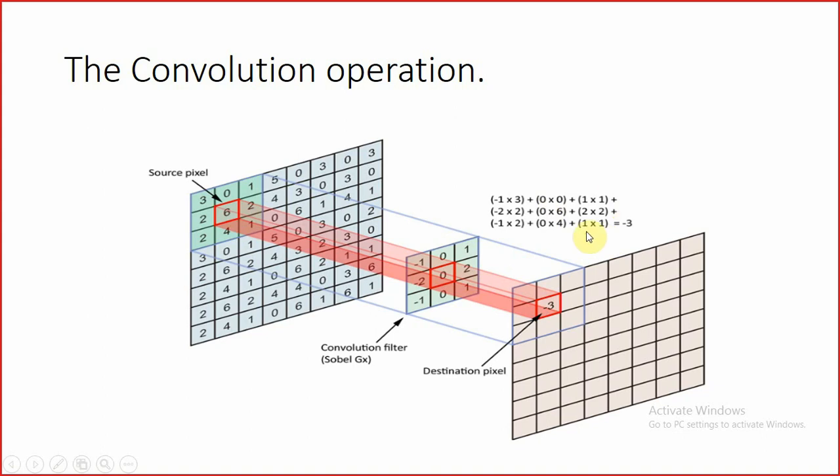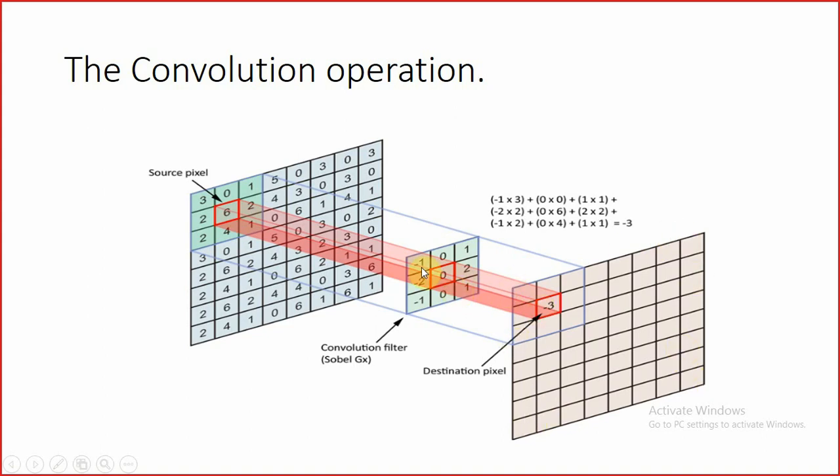Maybe there is some problem with these numbers. I didn't compute them by myself. It seems that the answer is -4. But since we have some negative values in the filters here, this is a Sobel filter, it is possible to receive some negative feature values here, and we call all of this, this n by n matrix, the feature map.